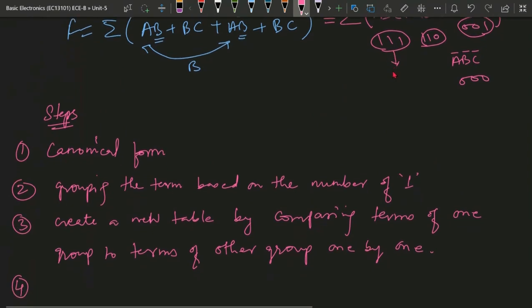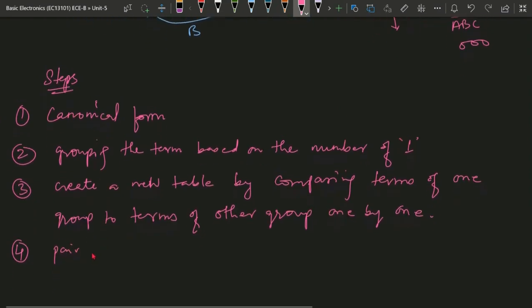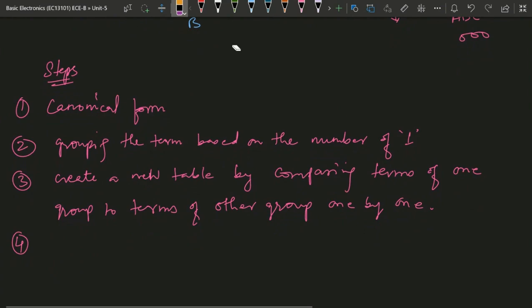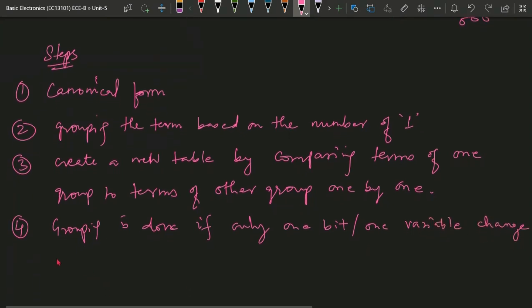So the pair or grouping will be done only if one bit or one variable change is there in between the terms.